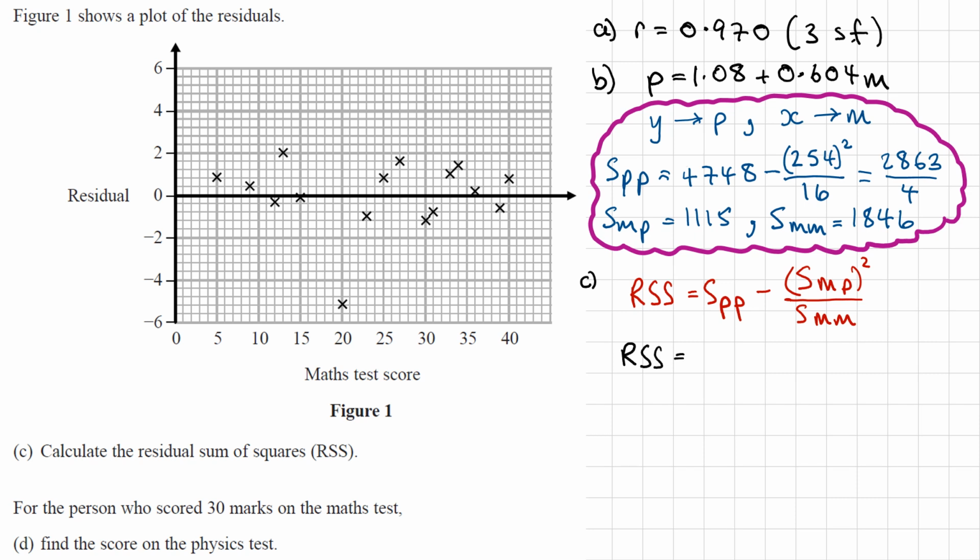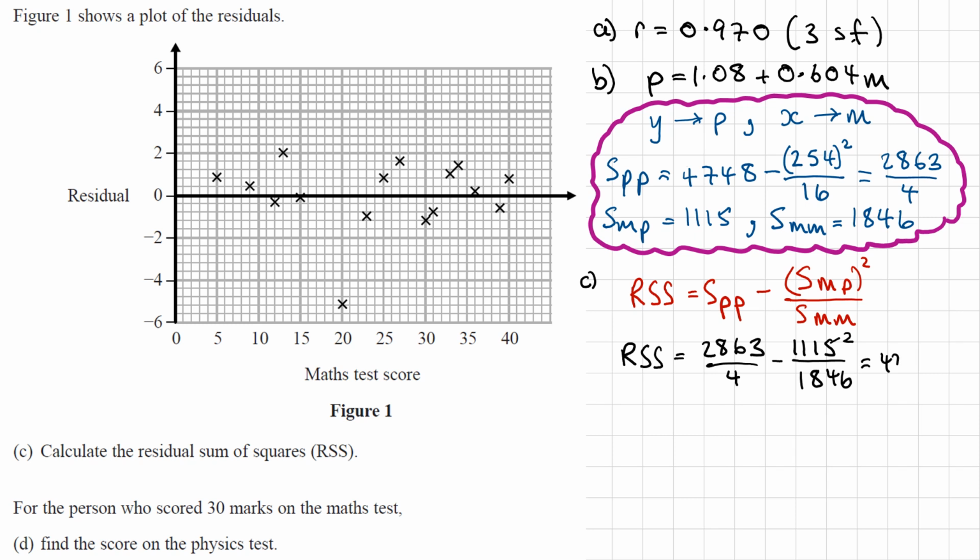So RSS, SPP, from the previous section, this was the calculation I did to find SPP. If we work that out, we get 2,863 over 4, and then minus SMP, so 1,115 squared, divided by SMM, 1846.